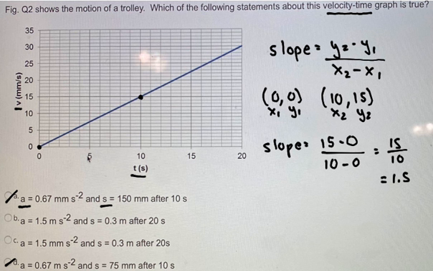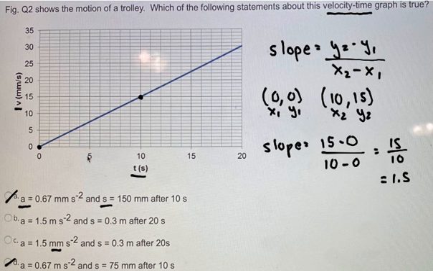So from here, we have B and C. The first, B, is 1.5 meters per second squared and S is 0.3 meters after 20 seconds, and C is 1.5 millimeters per second squared and S is 0.3 meters.